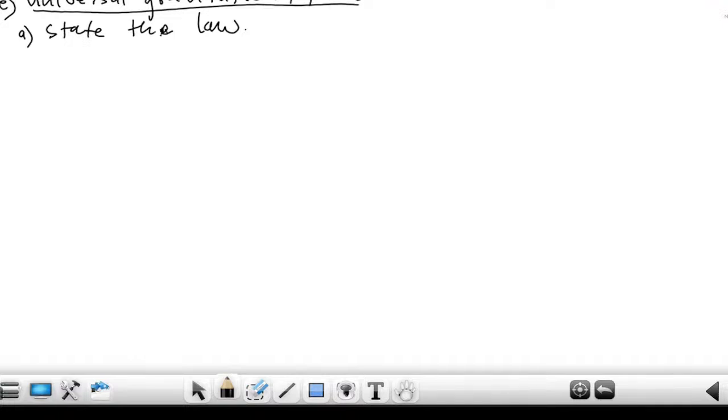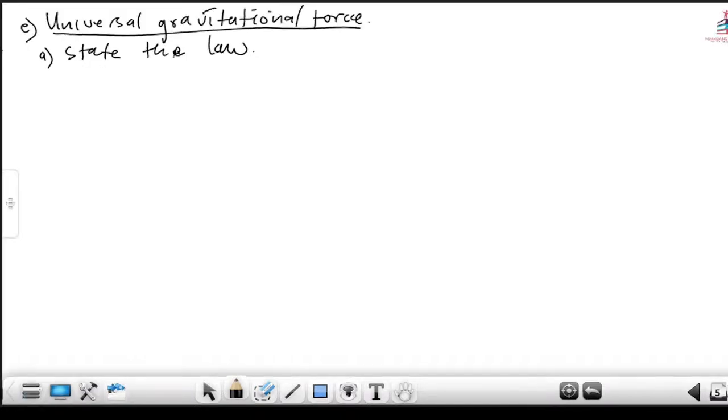Stating the law will basically mean, what does it say? It will be 2 marks. Let me quickly refer so that I give you the correct one.